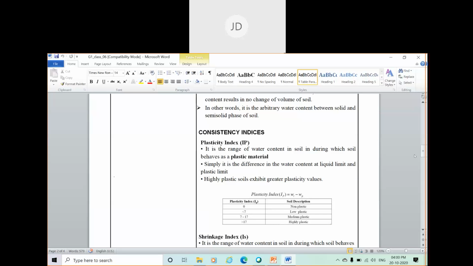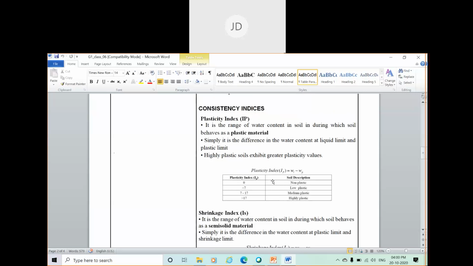In some exams, it may be asked. There's a particular range to find out what kind of plastic the soil is, whether it is non-plastic, low plastic, medium plastic or highly plastic. I think we already discussed plasticity in the last class. It is a property of soil that allows it to reform or deform into any shape.